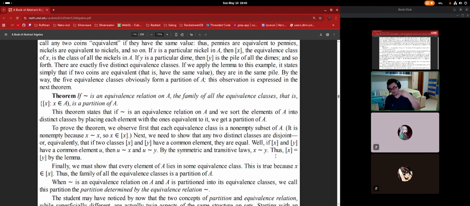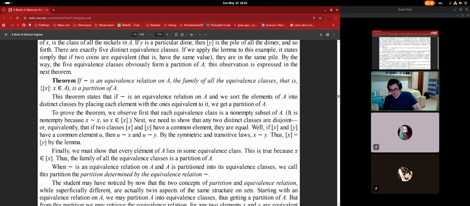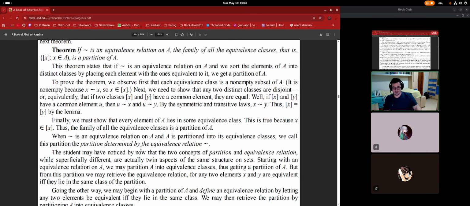Thus, their equivalence classes should be the same. So we just proved that if they have a common element, essentially the common element pollutes the thing and makes them the same. As soon as you have one, you're done. Finally, we must show that every element of A lies in some equivalence class. This is true because at least we know x is part of the equivalence class of x, at least that. Thus, the family of the equivalence classes is a partition of A.